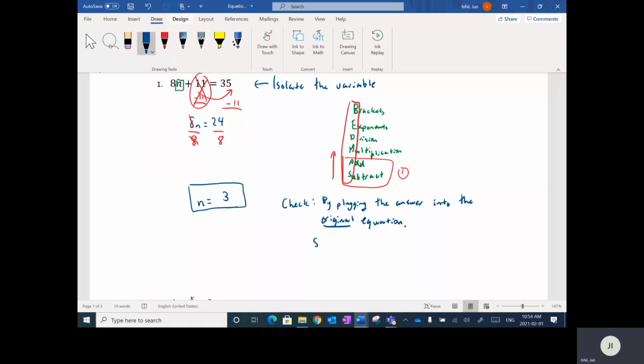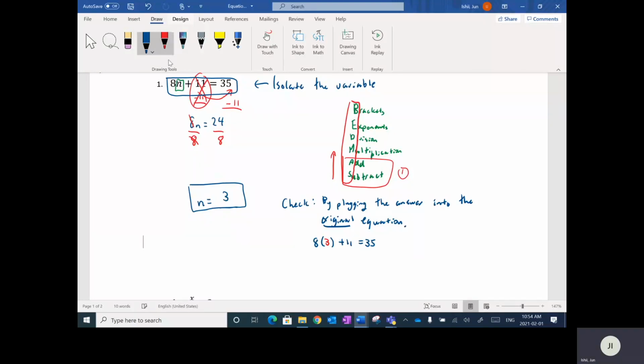So I'm going to have 8 times, and for the n, I'm going to plug in the 3, plus 11 equals 35.